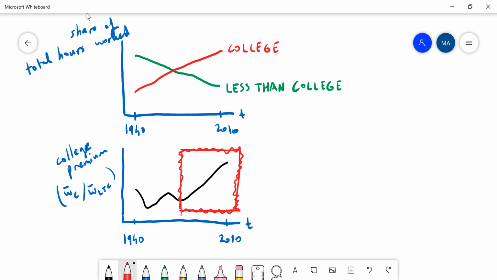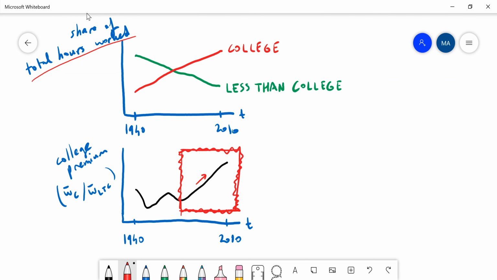We observe that the share of college-educated people increases in terms of total hours worked, and less than college decreases. But in the meantime, we also observe an increase in the college premium, right? So how do we understand that? It is kind of surprising if you, again, confuse this with the supply.